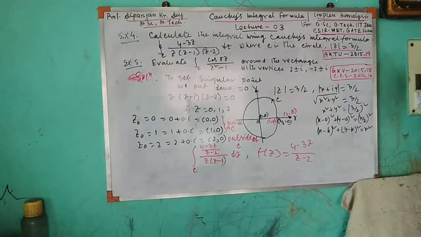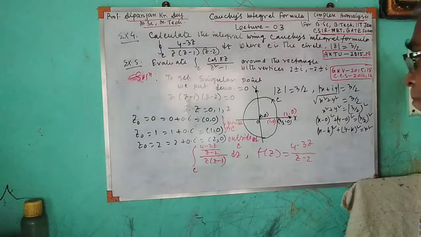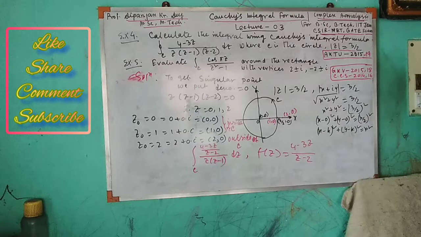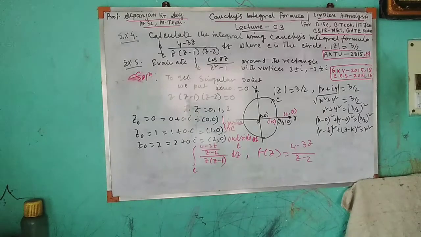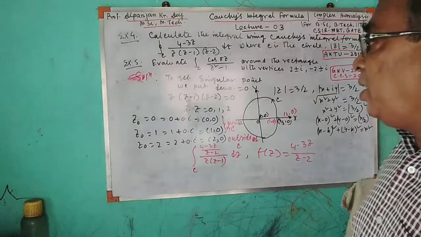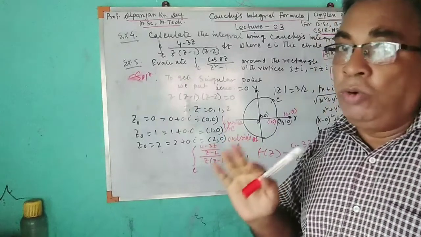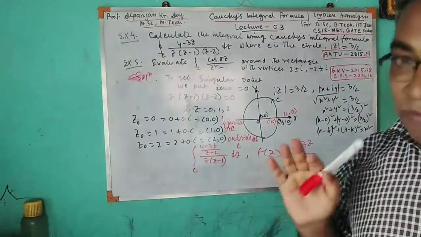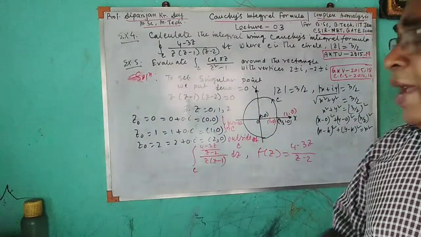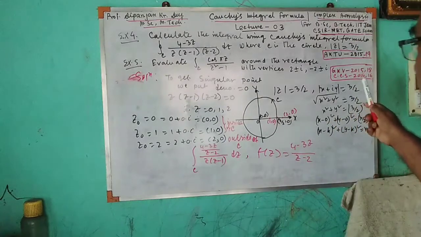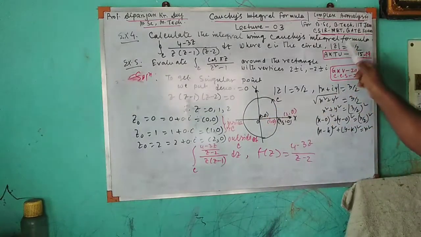So this is your f(z). Now we have to apply Cauchy's integral formula. Follow me once again, I repeat. For this sum, firstly you have to find the singular points, and then the closed curve. Closed curve is given.